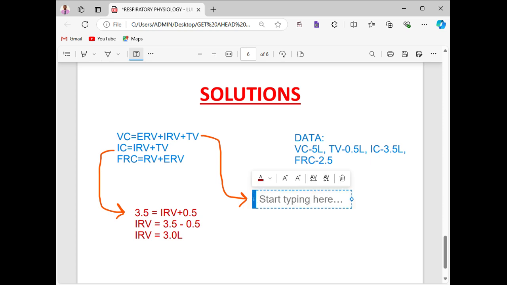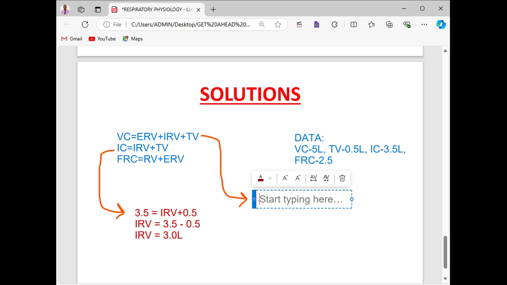Since we have VC as 5, 5 equals ERV, which we don't have, plus IRV, which we found is 3.0, plus TV, which is 0.5.